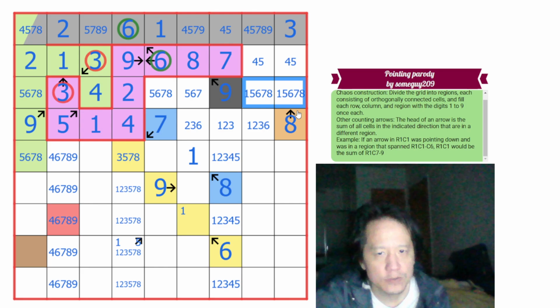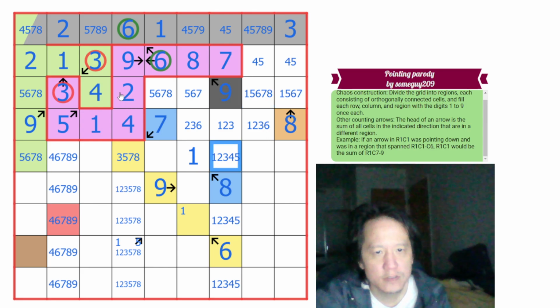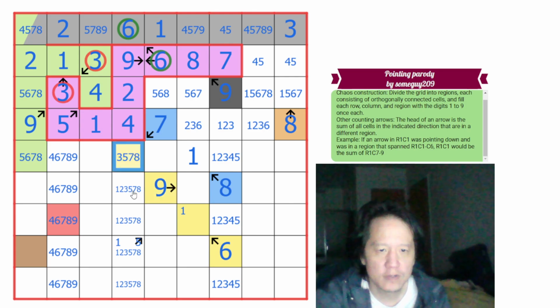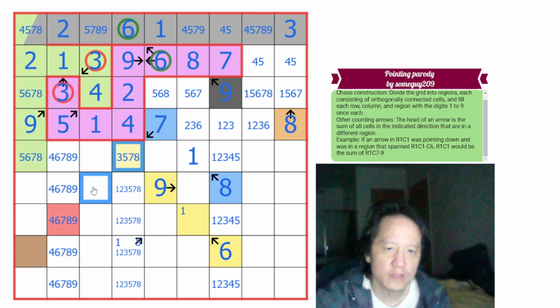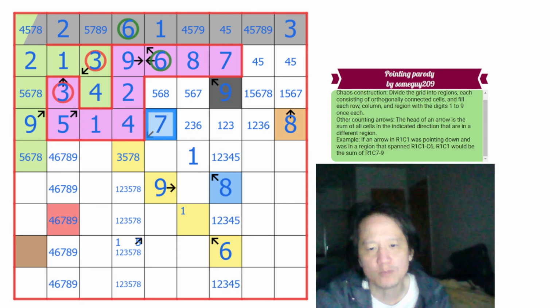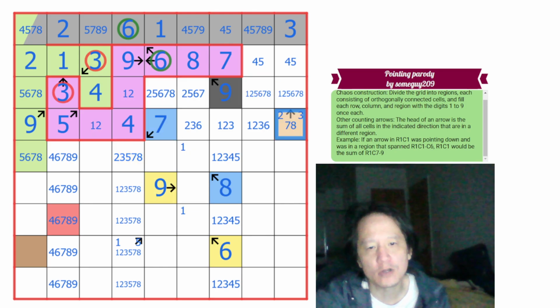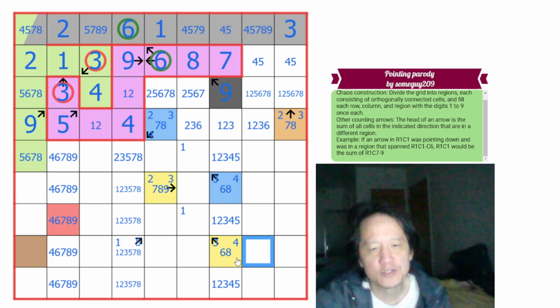This can't be 2. This can't be 2. This can't be 8. Can't be 7. We have a contradiction. This is a different one, so therefore this cannot be a different one. Sorry, these cannot be the same as this one because this is blocked by this. And therefore, we already have these two adding up to 7, and we know these can't be part of this region, therefore it's more than 7. So that does not work if this is an 8.